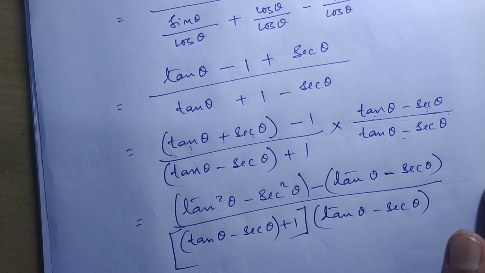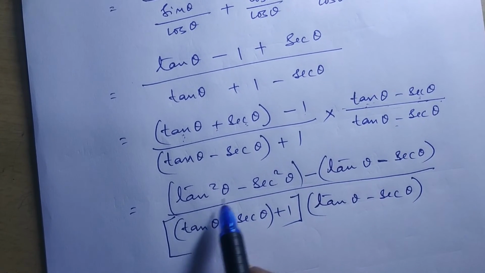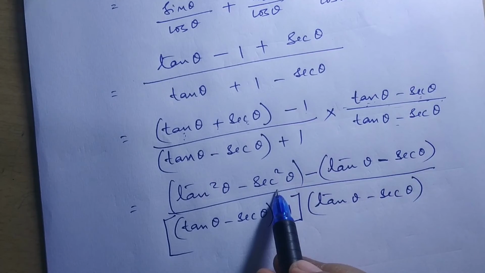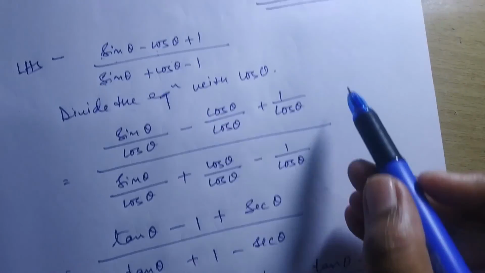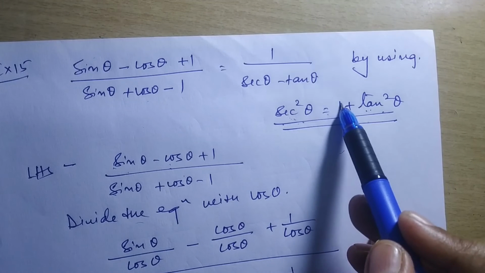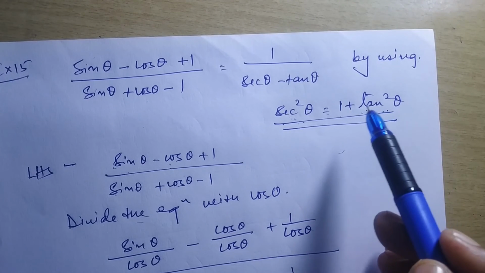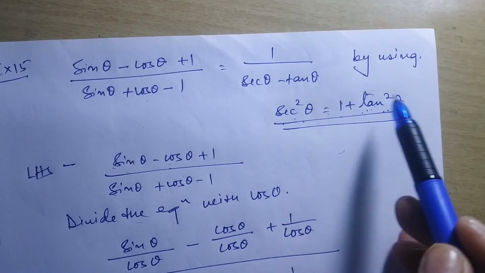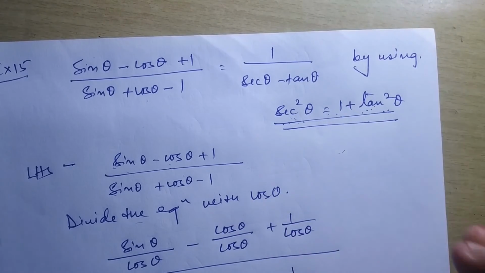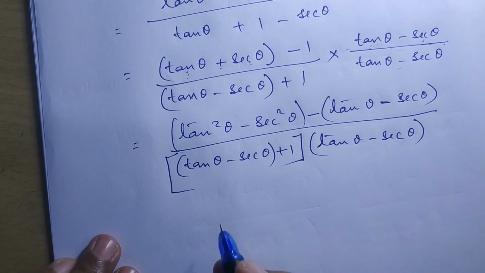Clear? Okay, now what is tan square theta minus sec square theta? Here sec square theta is equal to 1 plus tan square theta, so tan square theta minus sec square theta will be equal to minus 1. Yes or no? So I am substituting here.